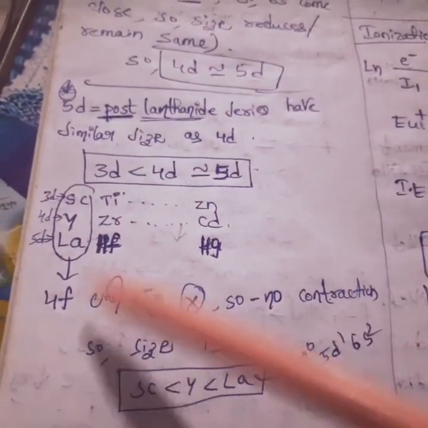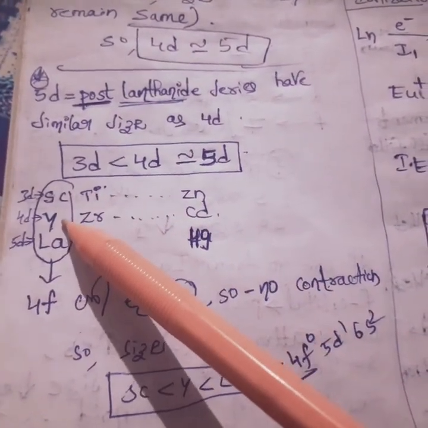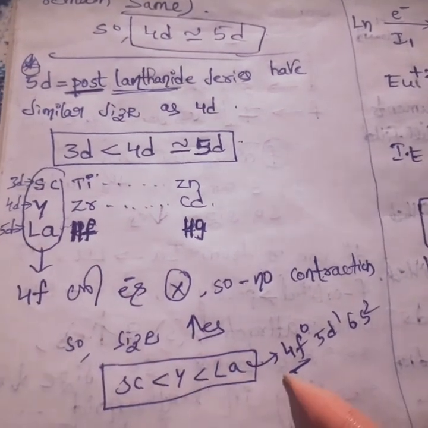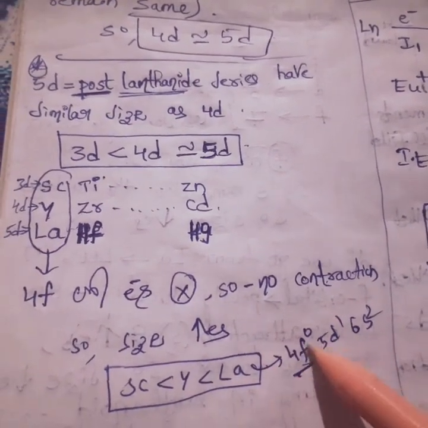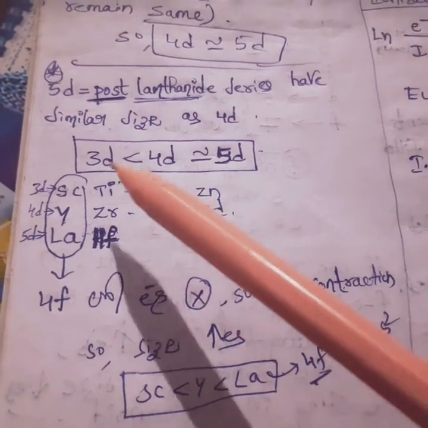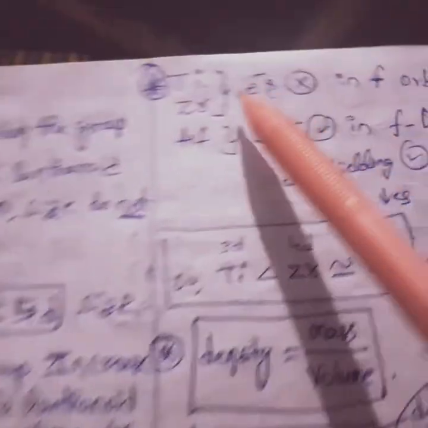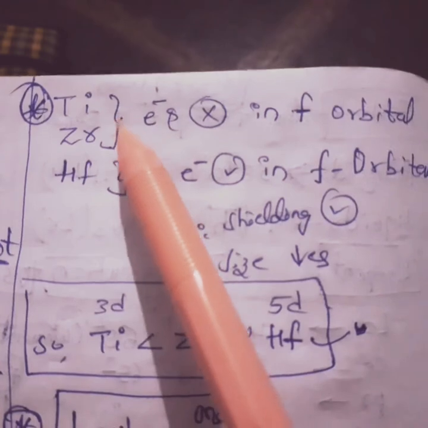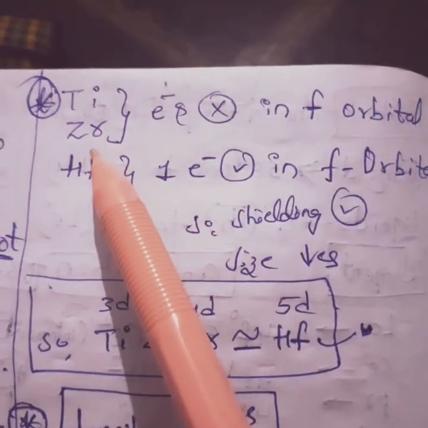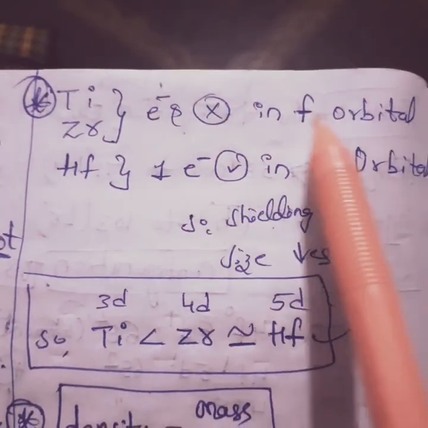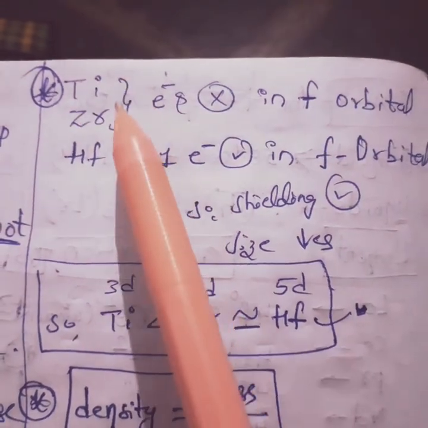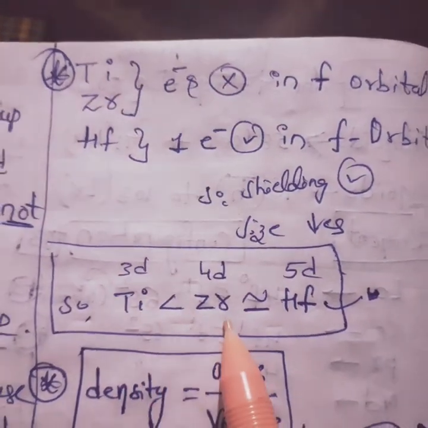From scandium to ytterbium and ytterbium to lanthanum, the size increases because in the 4f orbital electrons are absent. Whereas from titanium to zirconium, electrons are absent in the f orbital, so the size increases from titanium to zirconium.